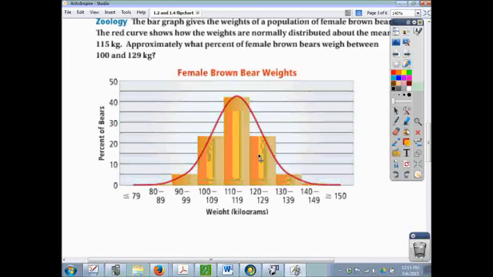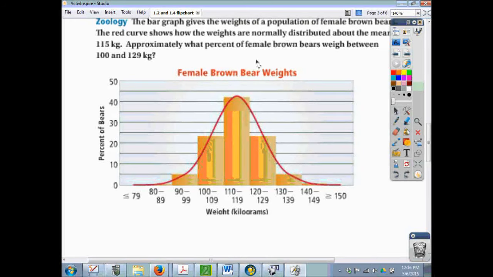So if we add all these percentages up, what do we get? 23 plus 23 plus 42. Somebody add that up real quick. 88%. Okay. So using this bar graph that's normally distributed, approximately what percent of female brown bears weigh between 100 and 129 kilograms? We're saying 88%.